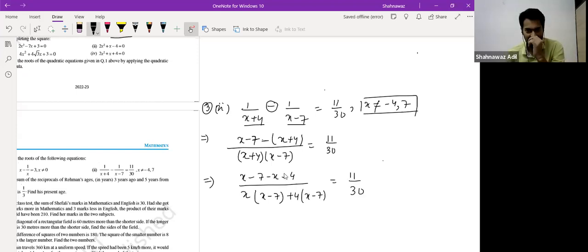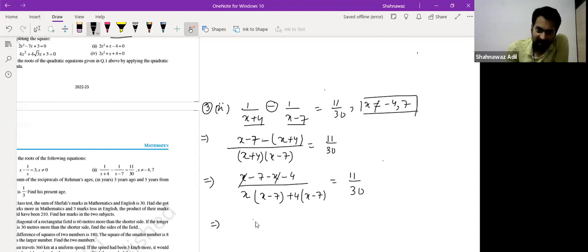So x cancels, right, Rizwan? What will we get in the numerator? Minus 7 minus 4. Oh no, minus 7 plus 4. Minus 4, right? Okay, yes, minus 7 minus 4.